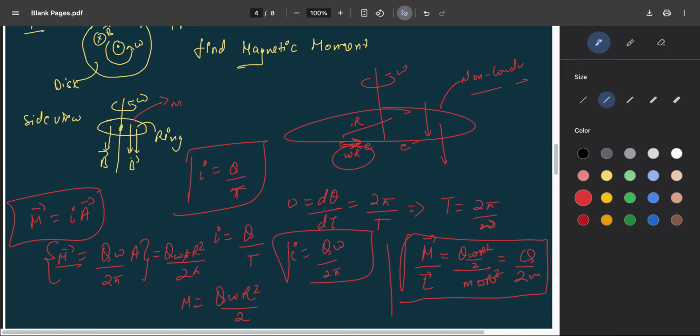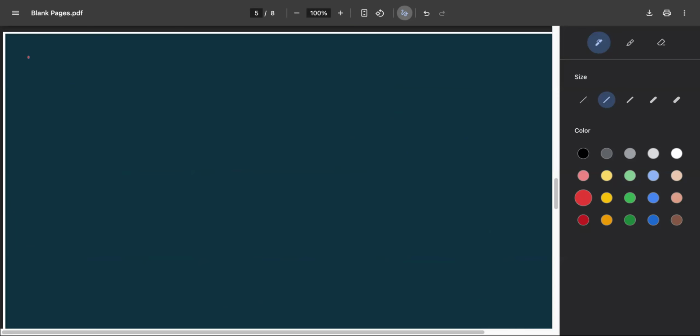Let's talk about one more problem. This is a pivotal point. About this, there's a rod. It is rotating with some angular velocity omega. This is just a rod.